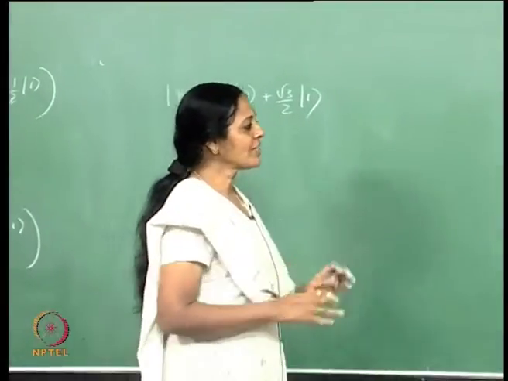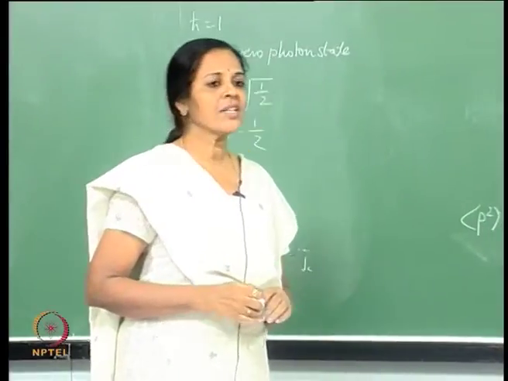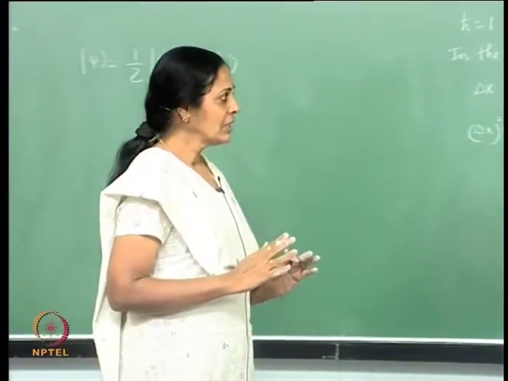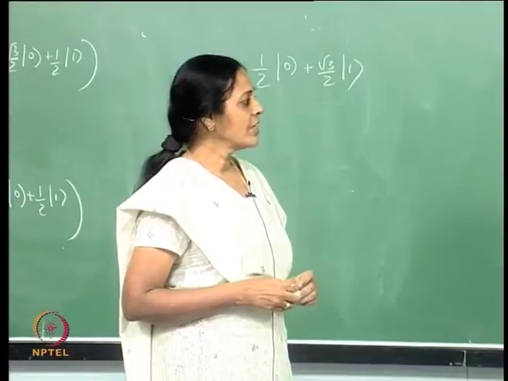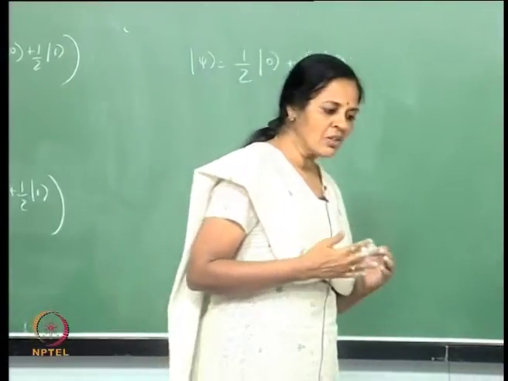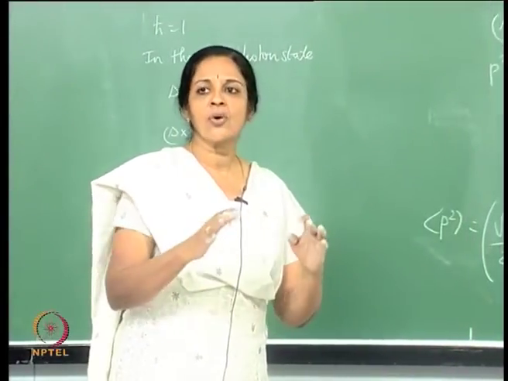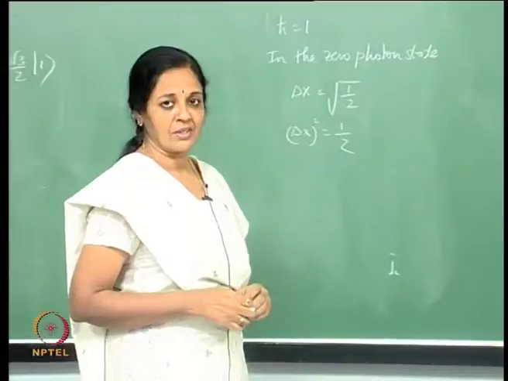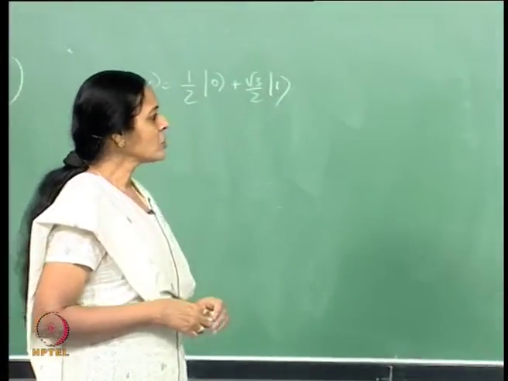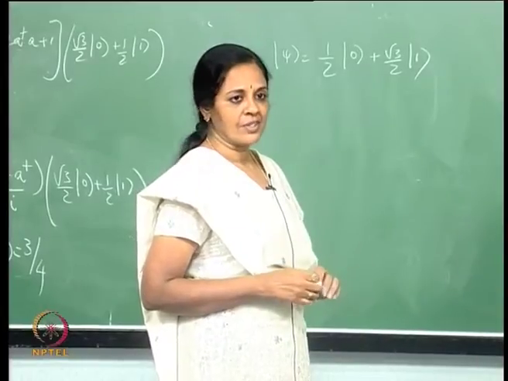I have constructed a state which shows squeezing, and squeezed states are very important in optics. The squeezed vacuum is a very important non-classical state. There is no analog of squeezing in classical physics, and for that matter there is no analog of the uncertainty principle in classical physics either, and therefore a squeezed state is an example of a non-classical state.